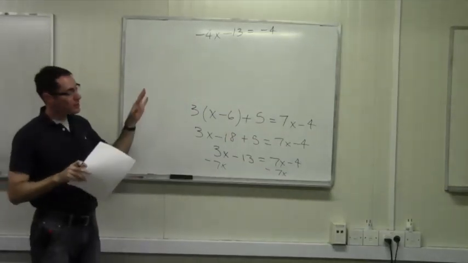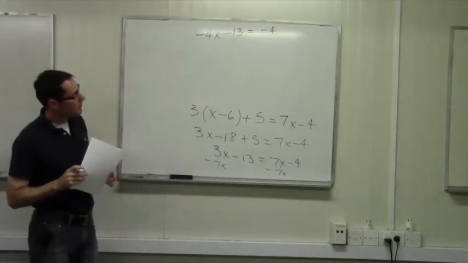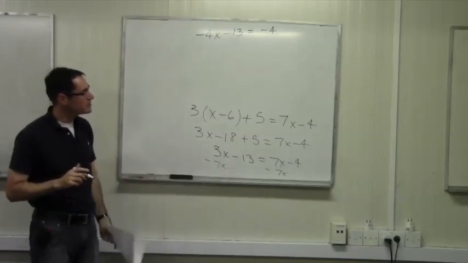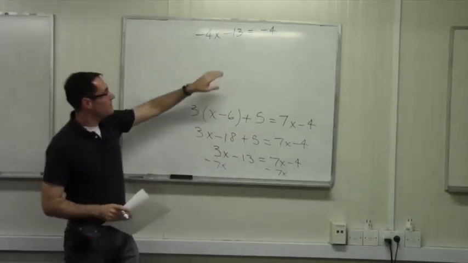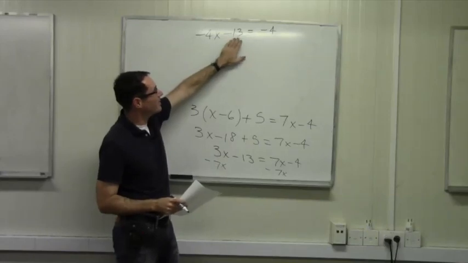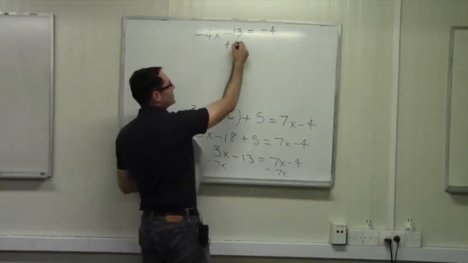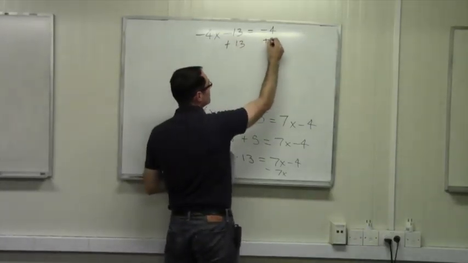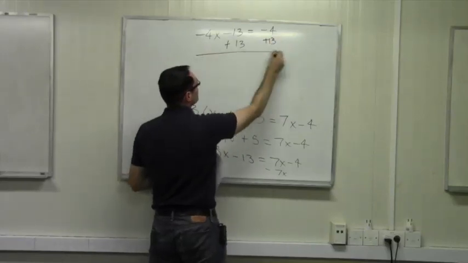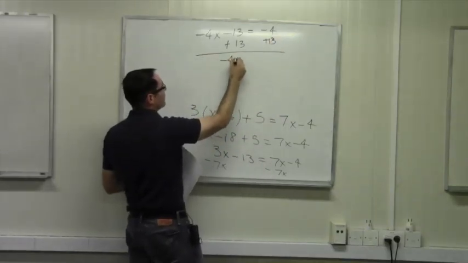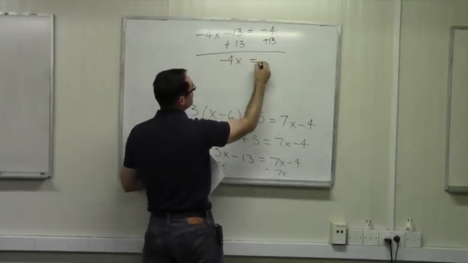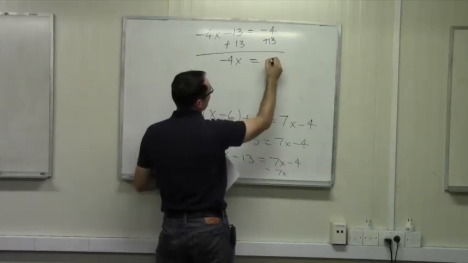Now it's getting to be a little more straightforward here, like less craziness. Okay? Now I've got all the x's on one side. I'm going to deal with the constants now. I'm going to add 13 to both sides, plus 13. Okay? And I'm going to get negative 4x equals 9.